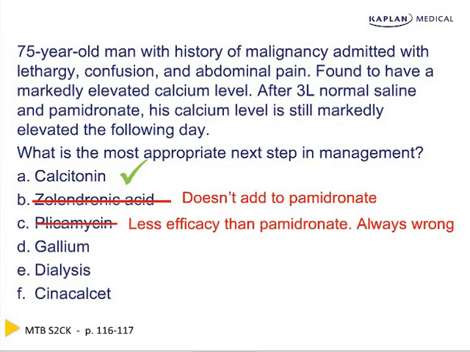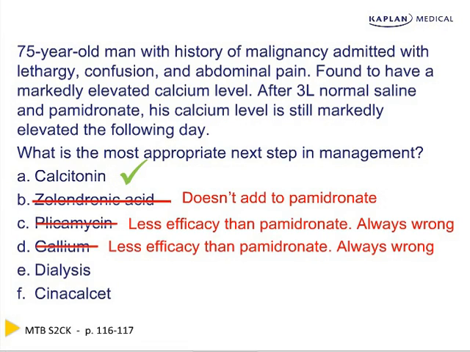Plicamycin and gallium are here because I can never quite tell who's reading old materials, and that is why people can have the give-furosemide-first story. That is the most common wrong answer. Furosemide is only for people who are unable to make urine. So you may see it in old questions, in old versions of books.